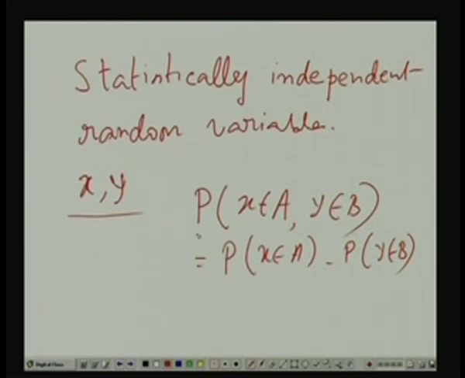So, if it is true that if I take any set on the x axis and call it A and any set on the y axis and call it B, then the joint probability of x belonging to A and y belonging to B is simply the product of the individual probabilities, that is the probability of x belonging to A multiplied by the probability of y belonging to B, then we will say that x and y are statistically independent random variables. Okay. So, this should be valid for any set A from the x axis and any set B on the y axis.